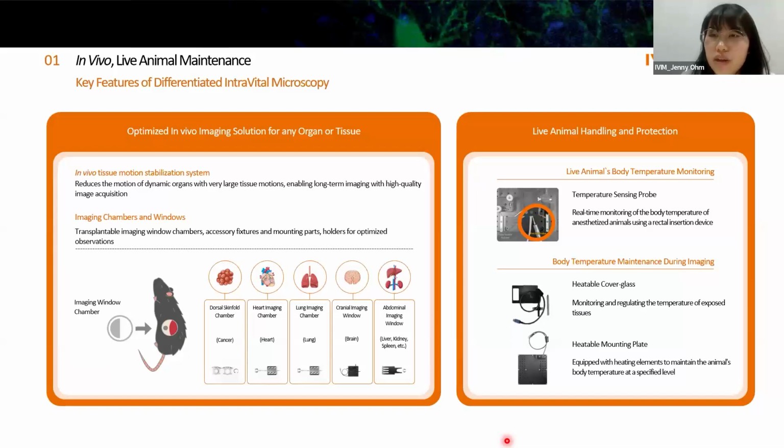And intravital microscopy offers key insights into drug delivery, immune responses, and long-term disease progression. As technology evolves, intravital microscopy will remain essential for understanding complex biological phenomena and developing better treatments for human diseases, as well as being a very vital step in the development of drugs in the preclinical stage.